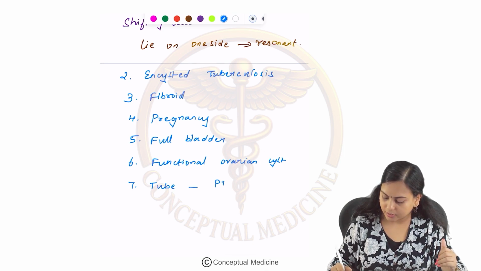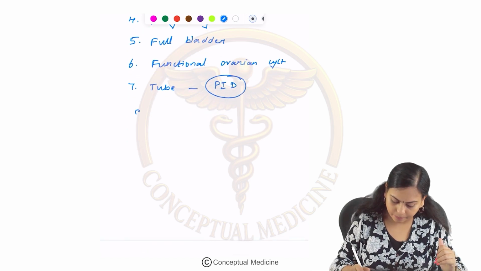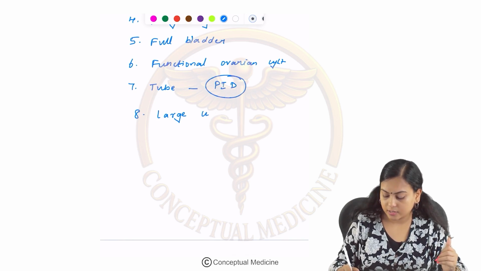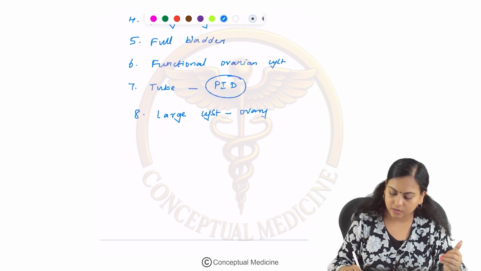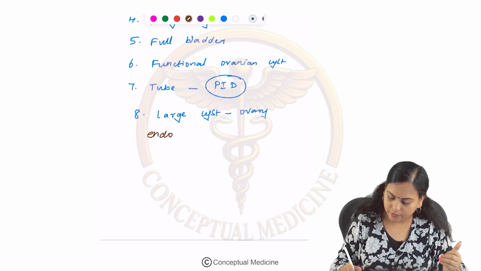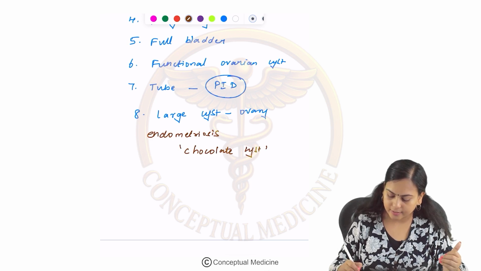For example, it can arise as a sequelae of pelvic inflammatory disease. There can be a large cyst also that is arising from ovary. So, the most common condition is, yes, endometriosis. Endometriosis, what we call the cyst that is occurring in ovary is, yes, the classical chocolate cyst, right?